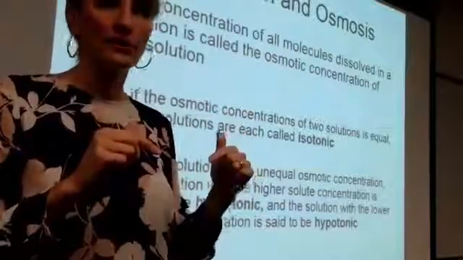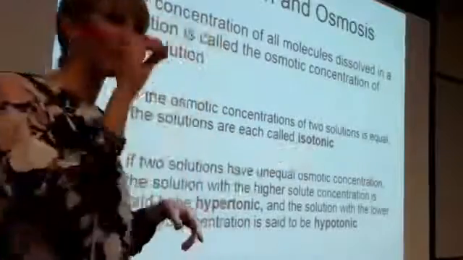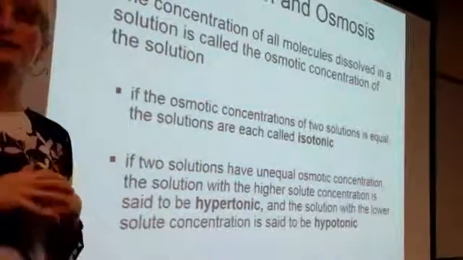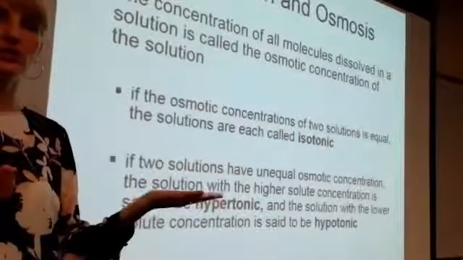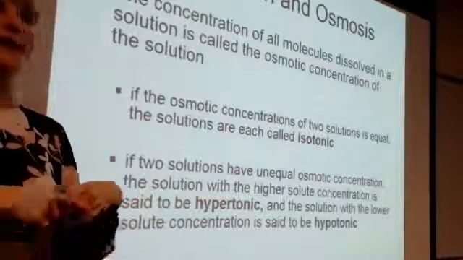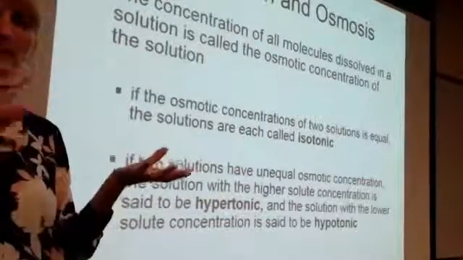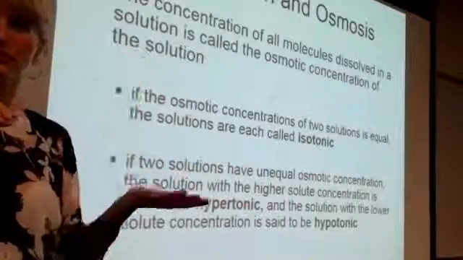If they are the same, we call that isotonic. Iso means same. So for us, that's 0.9% saline inside versus outside. For most other mammals, it's also 0.9%. Other organisms will possibly have their own percentage that is typical for inside versus outside the cell.